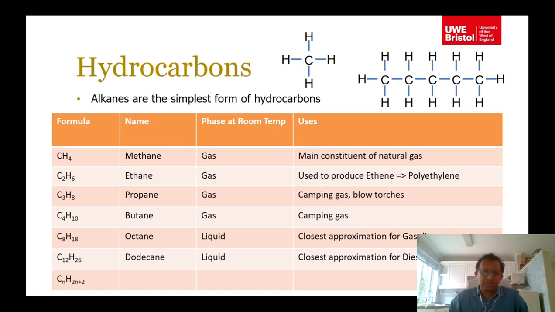Octane is C8H18. So octane is the first one that has an aromatic shape for the molecule. The others are linear chains.